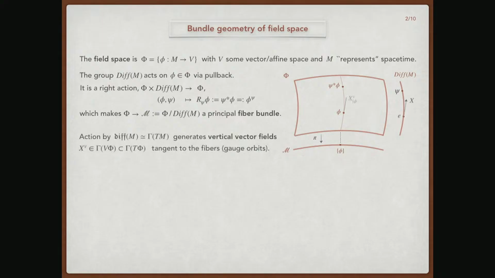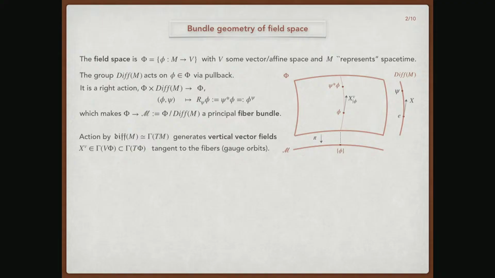Then you have, of course, the Lie algebra of the diffeomorphism group, which is nothing but the vector fields on the base manifold that will generate, as we know, a tiny vector tangent to the fibers, right? So this X is a vector field on the manifold M, the finite dimensional manifold that represents space-time. But this will generate a tiny motion into the gauge orbit, which is tangent to the orbit, therefore.